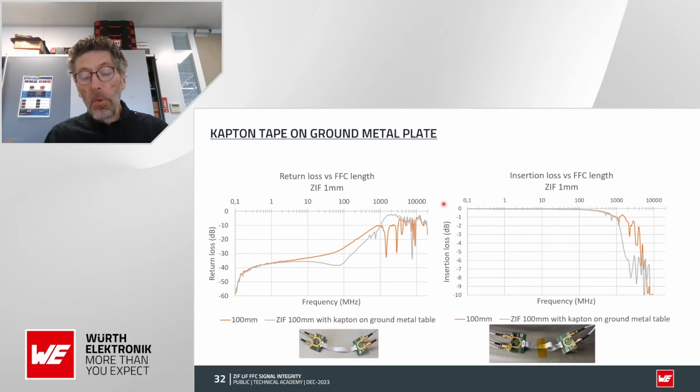So above 1 gigahertz, it will change your signal integrity. You will decrease your insertion loss really fast, and you will increase the return loss a lot. One thing that is a little bit funny is that you will improve your return loss below 1 gigahertz if you stick it to a metal box, and it will not really change your insertion loss.